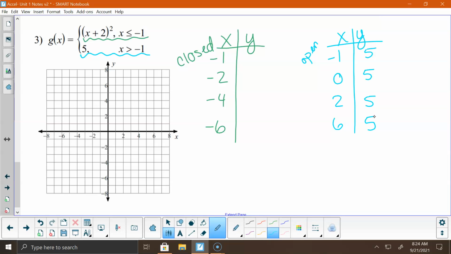It's definitely still 5. Yep, horizontal line. So -1, open circle at 5.